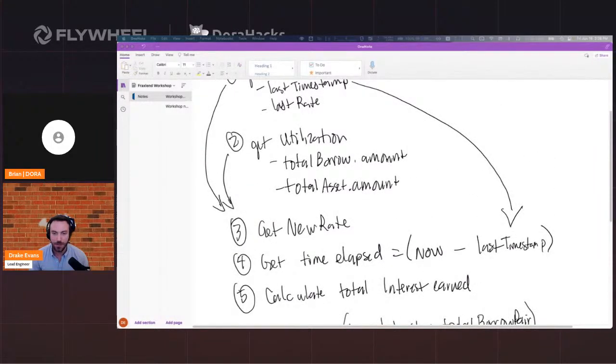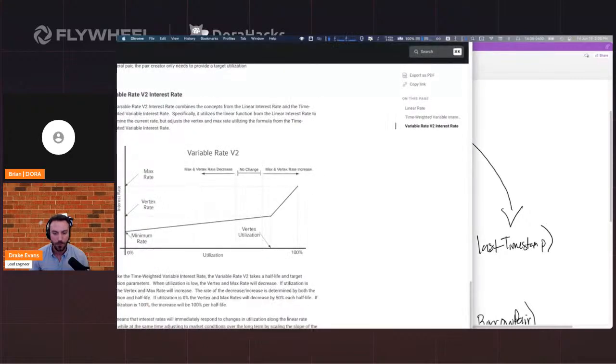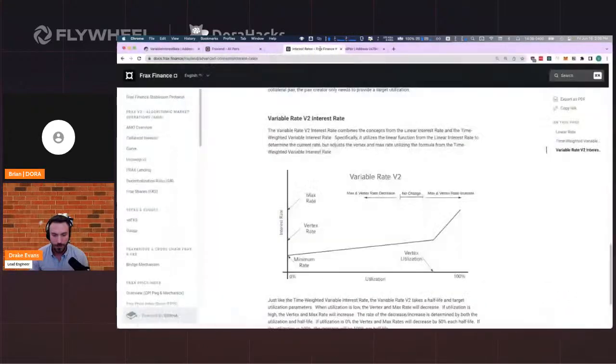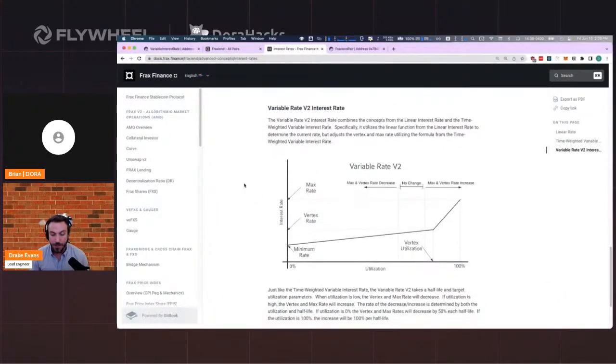So, any other questions on this, or I'll jump back into some other pieces I wanted to walk through. Okay, cool. Let's see, we were here, I think. Interest rates. So I will walk through the interest rate calculations for how this works.